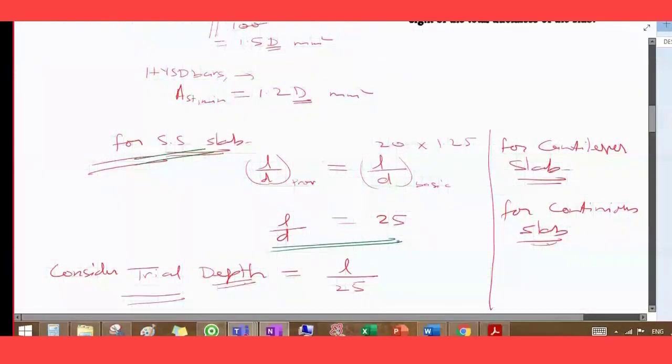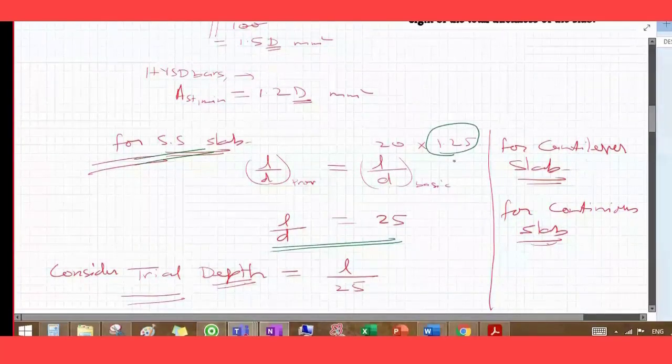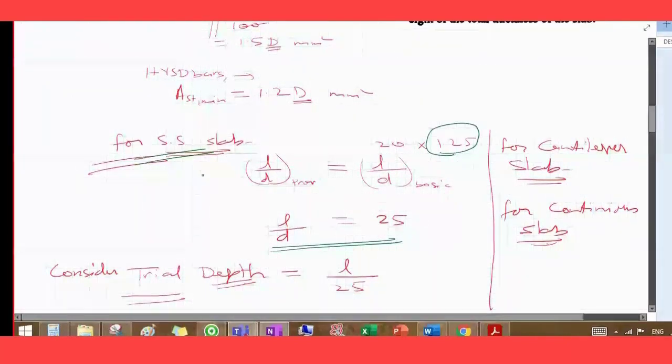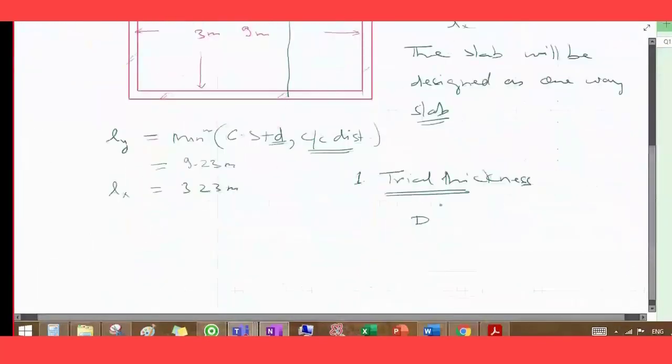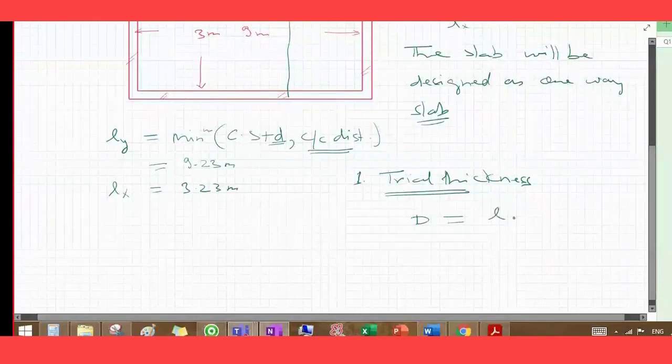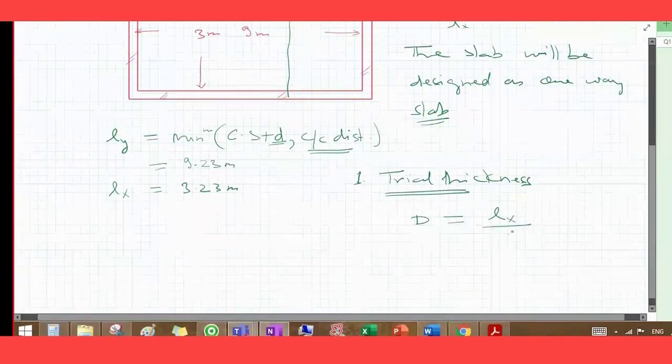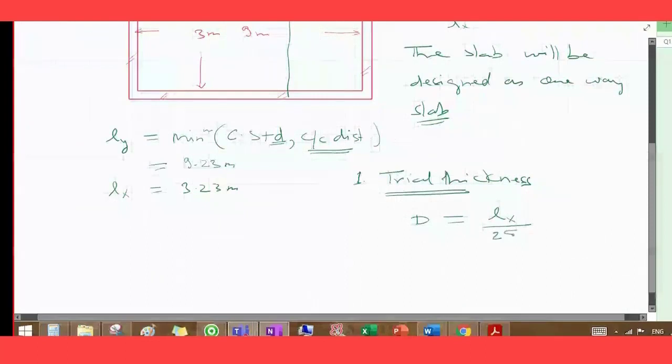And how it has actually come: you assume the modification factor KT as 1.25. So I'll be taking directly, for a simply supported slab, L by D equal to 25. So the trial thickness D equals Lx divided by 25.